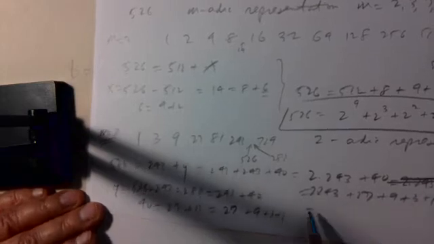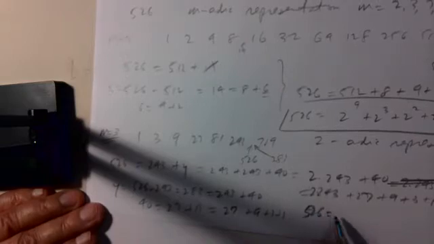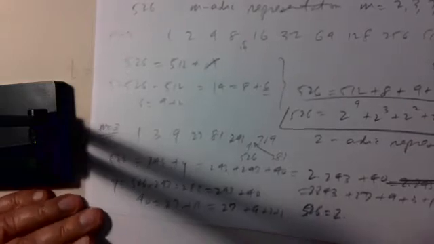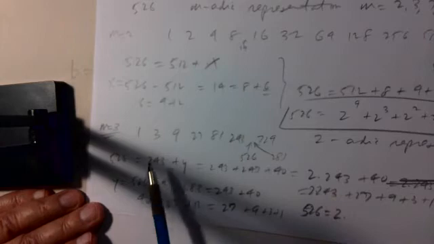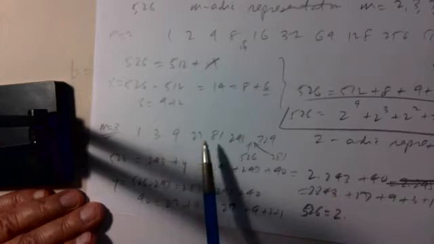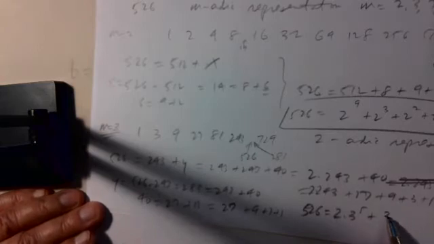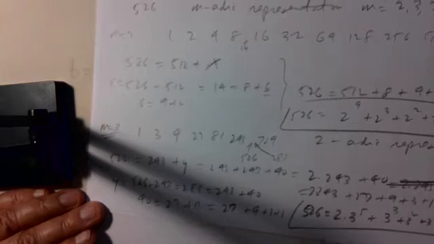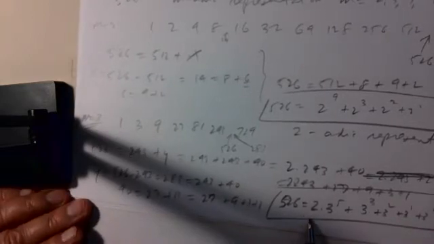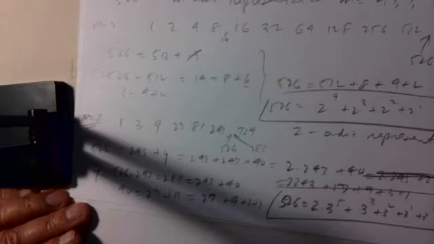So the answer to this problem is 526 is 2 times, what is 243? 1, 2, 3, 4, 5. It's 3 to the 5th power plus 3 cubed plus 3 squared plus 3 to the 1st power plus 1, which is 3 to the 0. So this is the three-adic representation of 526.